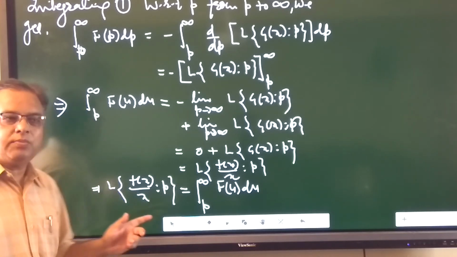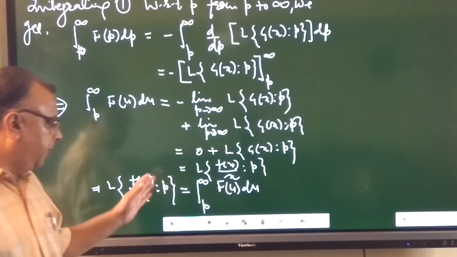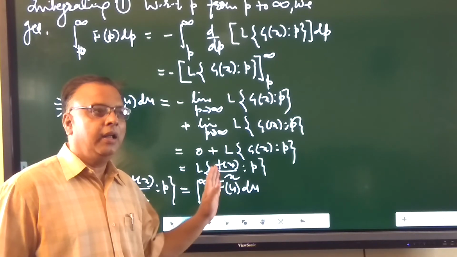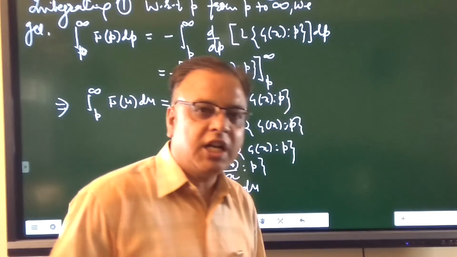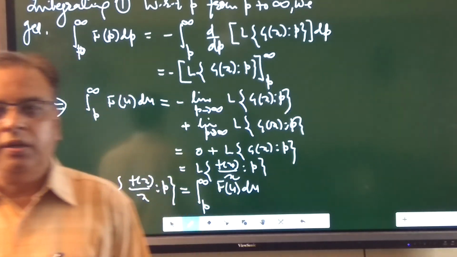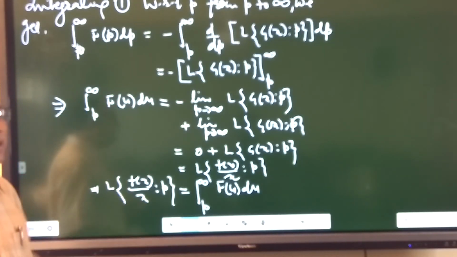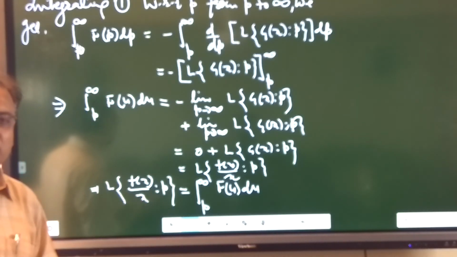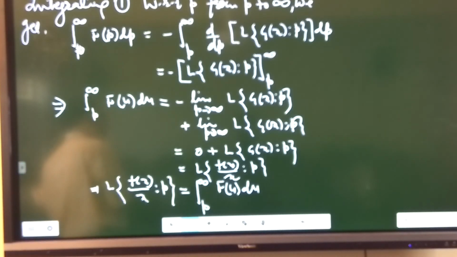So today we have discussed the Laplace transformation of the multiplication or the product and the division of a function with x. So we get these results, and next time we will discuss some more properties of the Laplace transformation. Thank you very much.